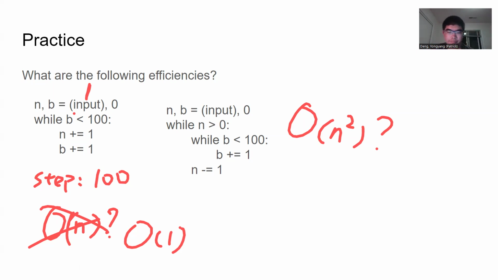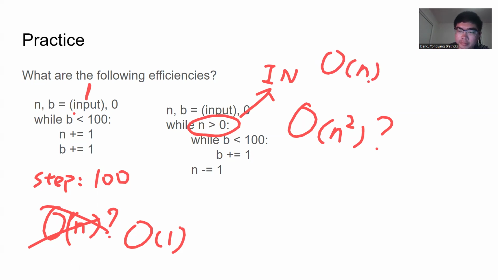So for this one, while n is greater than 0, this is the input. So here, it will be at least big O of n. At least big O of n. And is it also big O of n squared? And while b is less than 100, you can see the two counters have nothing to do with each other.